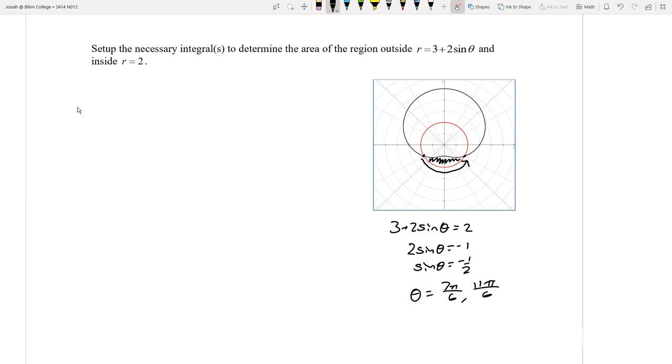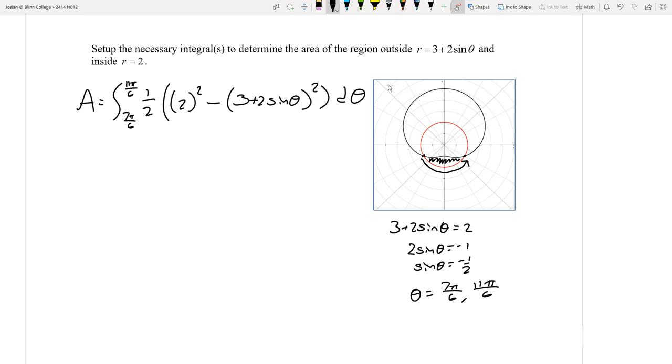So those are the bounds that we want to use. And so we've got 7 pi over 6 here, 11 pi over 6 here, and we've got 1/2. Our outside function is now the circle. So we'll go ahead and put the circle there squared, minus the inside function, which is going to be our limaçon. All right, so this is the integral all set up. So this is our answer to this particular problem.